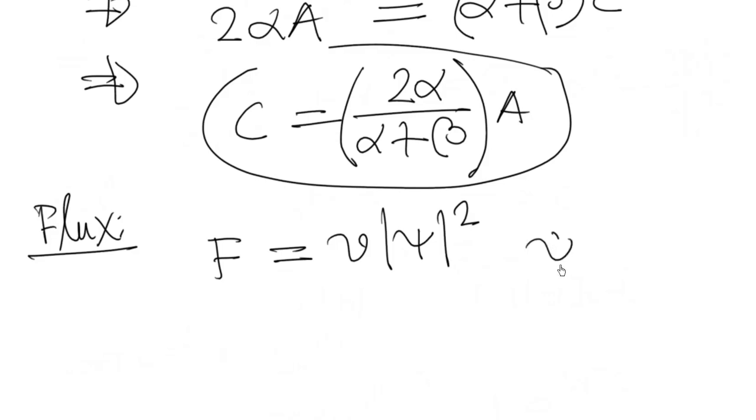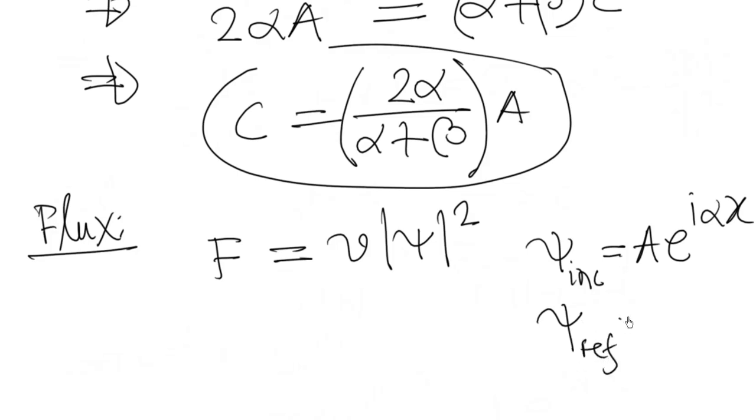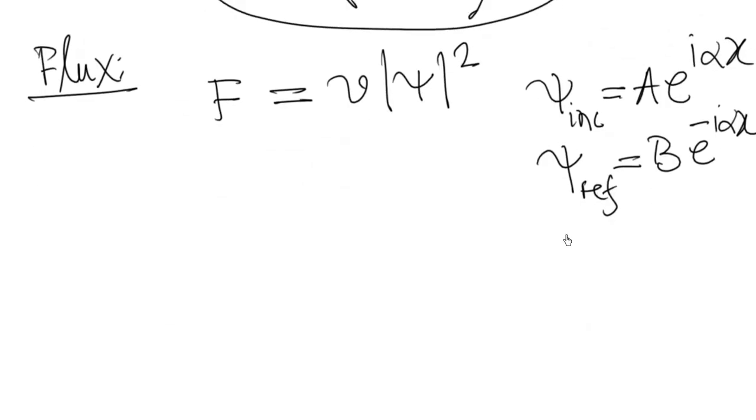Now we have the incident wave, and the reflected wave B e to the power minus i alpha x, and the transmitted wave function, and we need velocities.